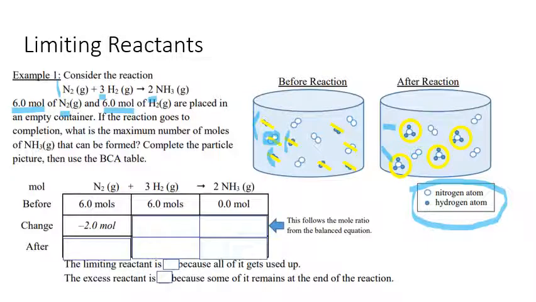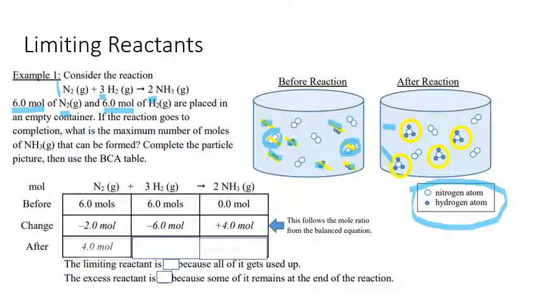I used 2 of the nitrogen, 1 and 2. I've also used 6 hydrogens, 1, 2, 3, 4, 5, 6. In fact, I ran out of hydrogen. So then I made 4 ammonia, and you can count them over here in the yellow, 1, 2, 3, 4.